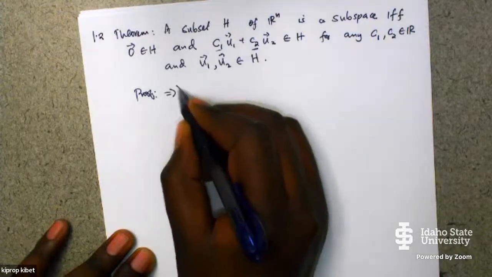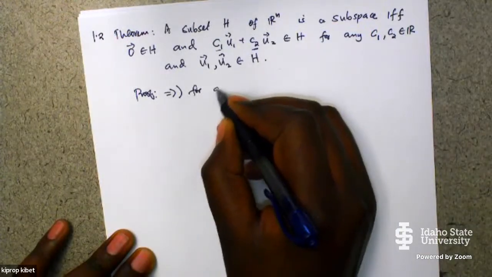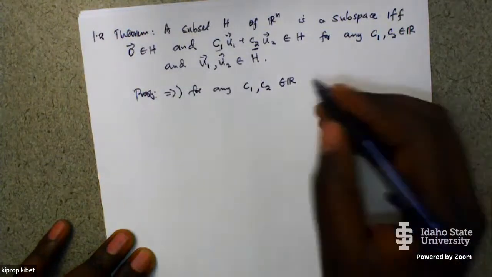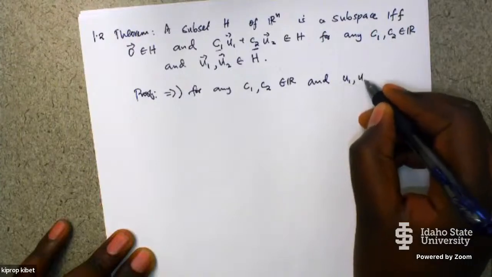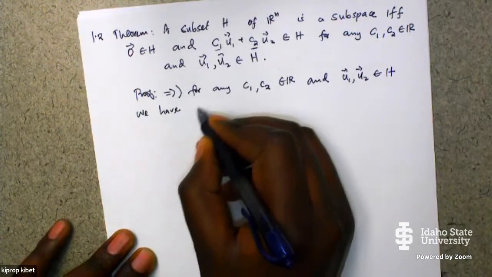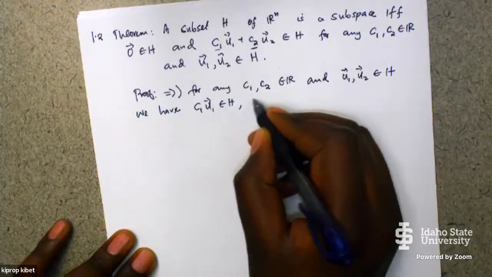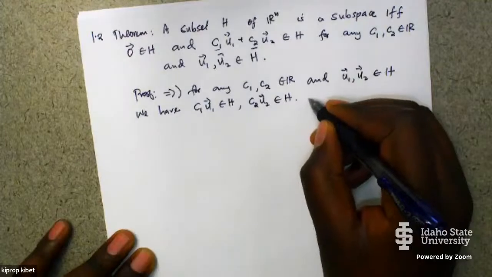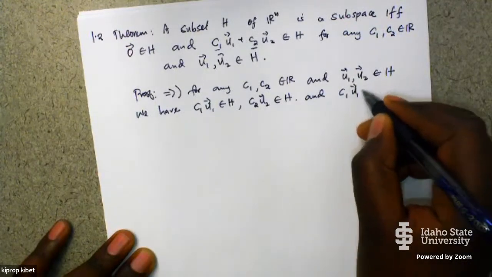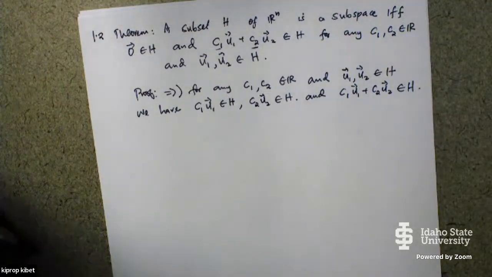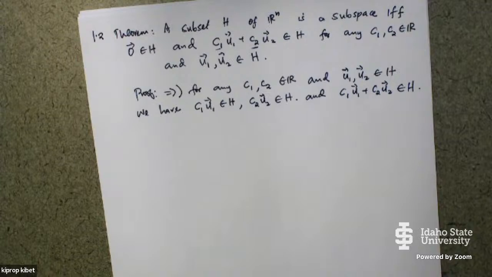For the forward direction, you can say for any c1, c2, which are elements of real number, and u1, u2, which are elements of H, we have c1 u1 to be an element of H, and c2 u2 to be also an element of H. Then c1 u1 plus c2 u2 is also an element of H. So if one of them is an element of H and the other one is an element of H, then when you add them, they are also in H.